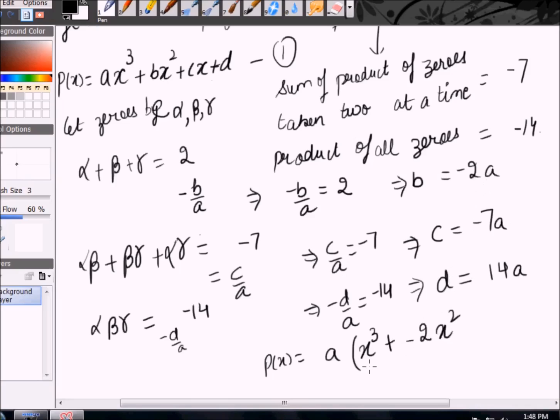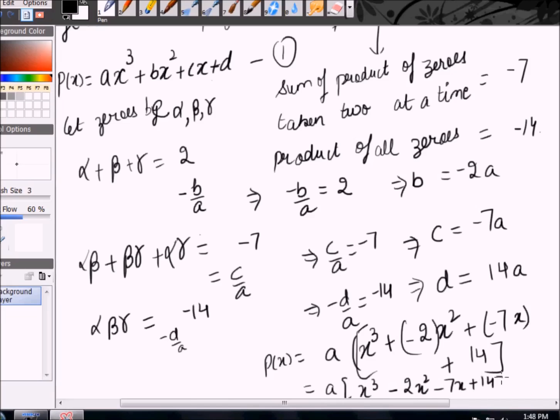This a has been taken common outside. Similarly, c equals minus 7a, a taken common. Similarly, d is 14a. Thus, a into (x cube minus 2x square minus 7x plus 14).